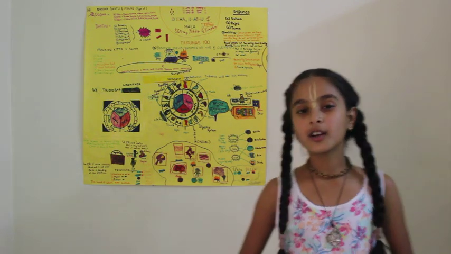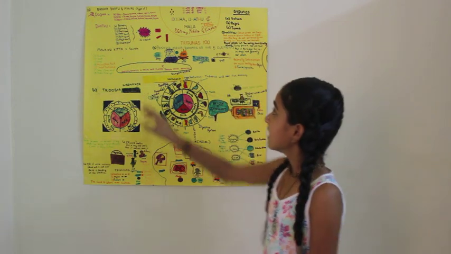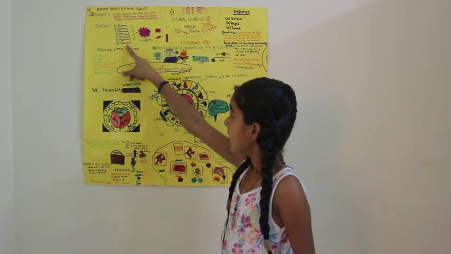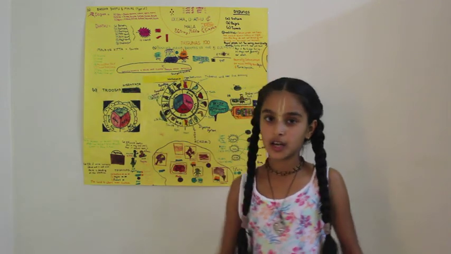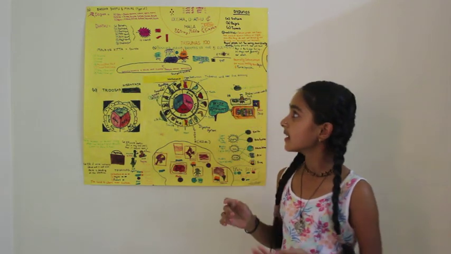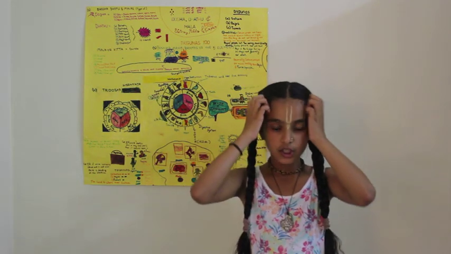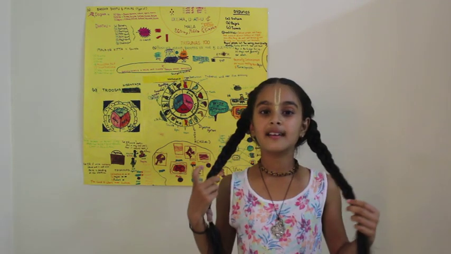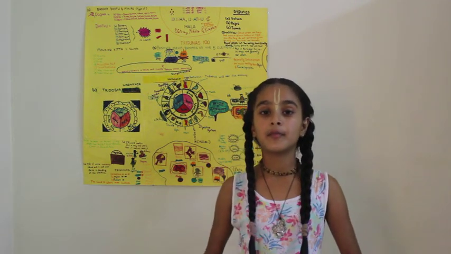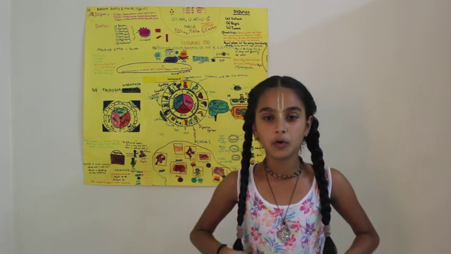And now we go to the Dhatus. That is Rasa, Rakta, Mamsa, Meda, Asthi, Majja and Shukra. Rasa is the nutrition part of the body and is created when the body digests the food.